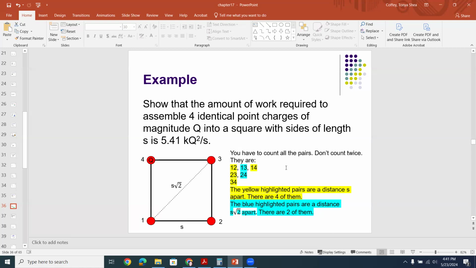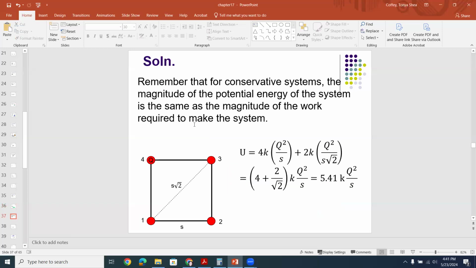All right, well, this makes it pretty easy, okay, because all the charges are the same, and then the distances are the same for 4 of them, and then a different distance, but it's the same different distance for 2 of them. So that makes the math pretty quick, right? We can just find the potential energy in between, for example, charge 1 and charge 2, and then we have 4 pairs that are going to have that same exact potential energy.